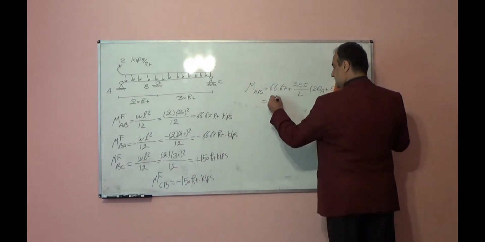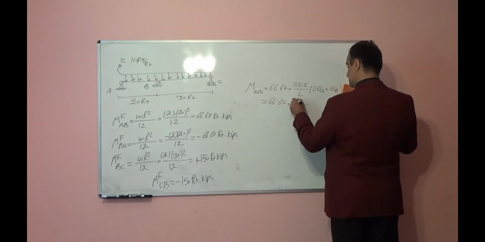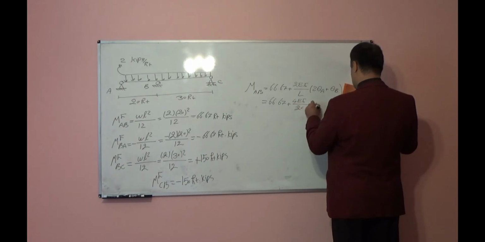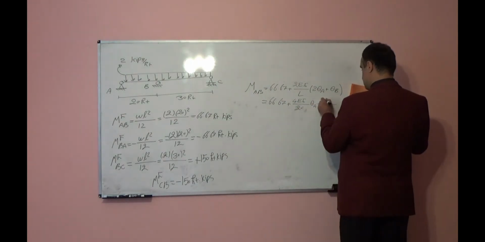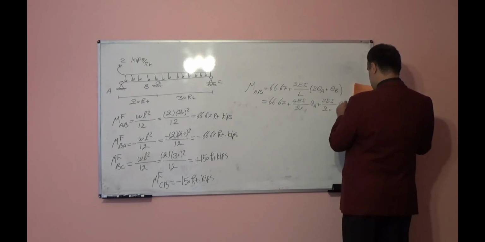This will be equal to 66.67 plus 4EI divided by 20 theta A plus 2EI divided by 20 theta B.